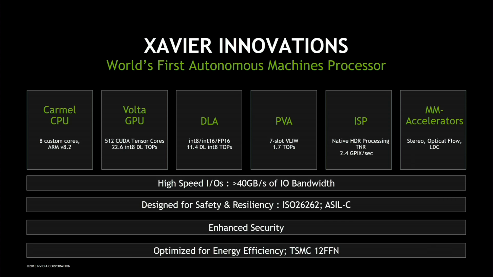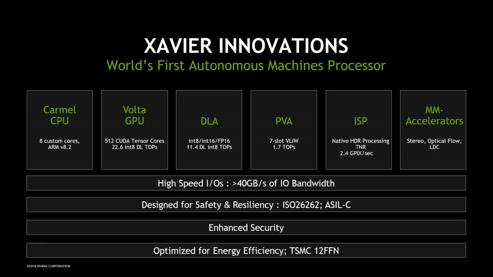Every system needs security. We looked at enhancing the security, both the system security of buses, bridges and topologies, and also crypto standards. So Xavier has a base of security improvements from the last generation. And then we needed to optimize for energy efficiency. For many of these units, we chose process and transistor options using TSMC's 12 FFN and our own recipes to meet an energy efficiency goal.